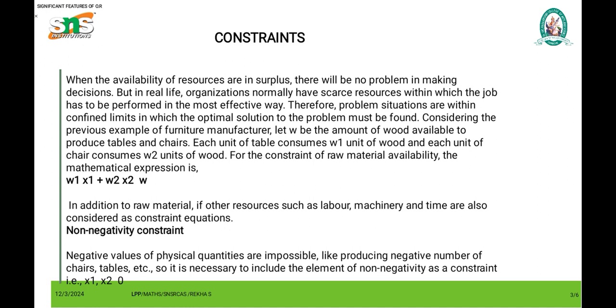In addition to raw materials, labor, machinery and time are also considered as constraints. Non-negative restriction: any physical quantity cannot be negative, so we include the non-negative constraints X1, X2 greater than or equal to 0.